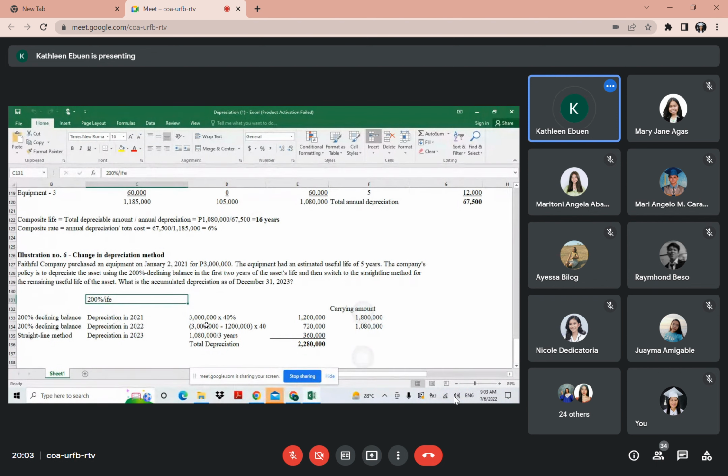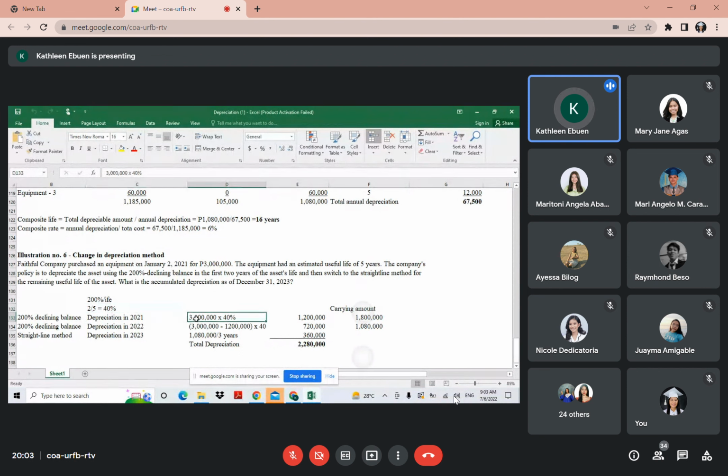Okay. So 2 over 5 years, that is 40%. So this is the rate or the double declining rate.